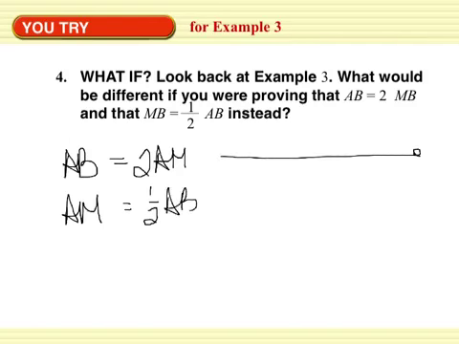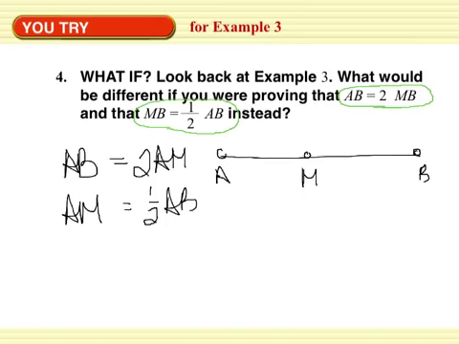Because this is what our picture looked like: A, B, M. What if we were proving that AB equals 2 times MB and MB equals 1/2 AB? Okay, what would we change?